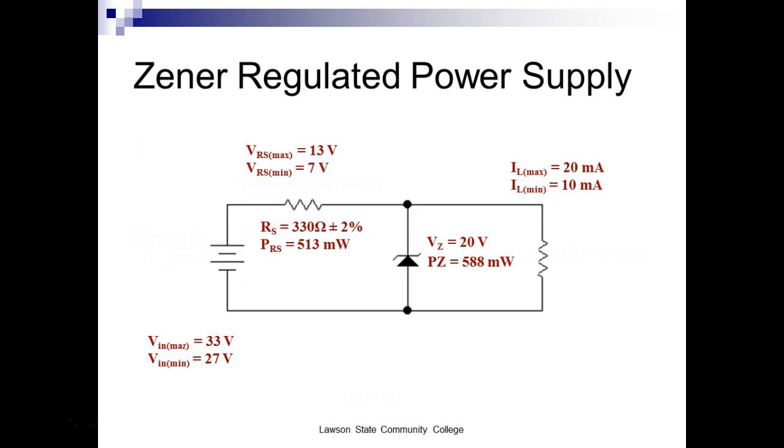The 2% would cost a lot more than 5%, right? So I need to correct this slide. So y'all chose right. This right here would only work if it was a 2% resistor. I'll go back and change the slide.